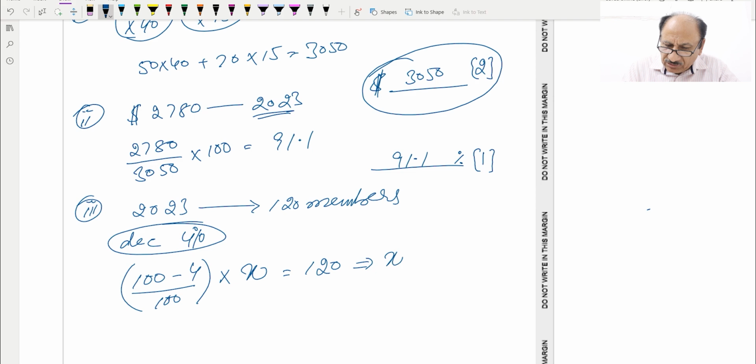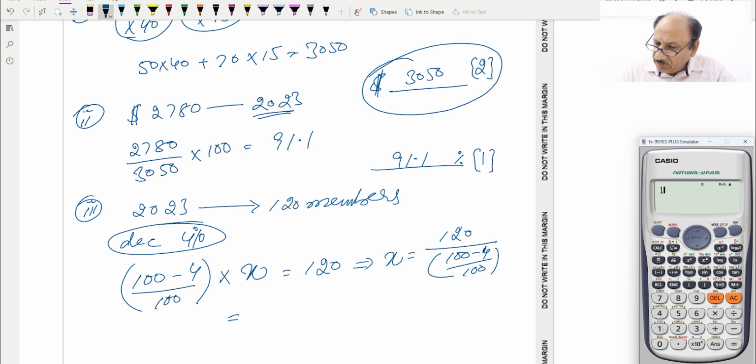So x will be equal to 120 over 100 minus 4 over 100, and simplifying, the answer is 125.